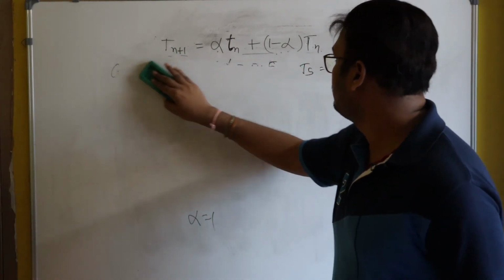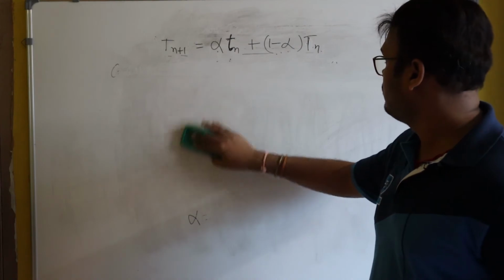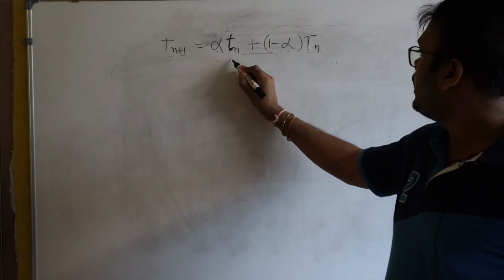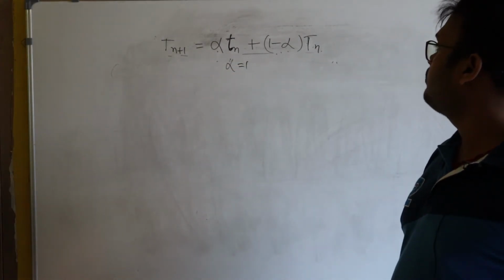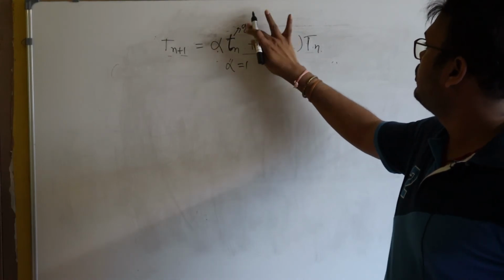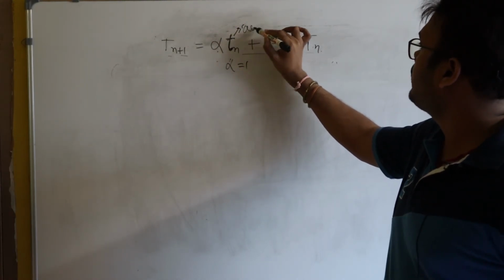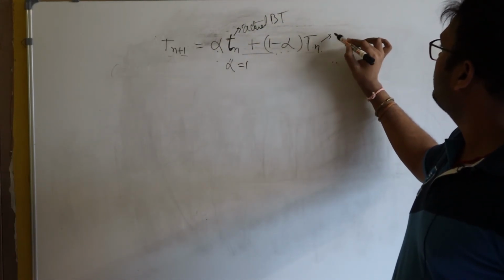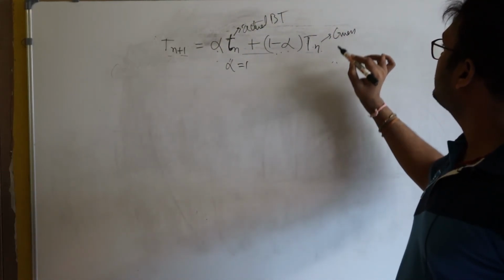You see here, if the value of alpha is 1, then what will happen? Small t is the actual previous burst time, and capital T is the initial guess.